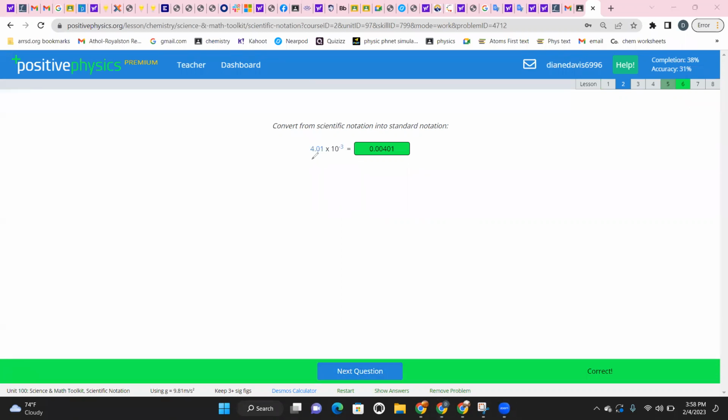Scientific notation is where, when you're doing these science experiments or when researchers are doing it, they can have really big numbers or really small numbers, and scientific notation allows them to write the number in a way that doesn't have so many digits. And so here you want to have one significant digit past the decimal point.